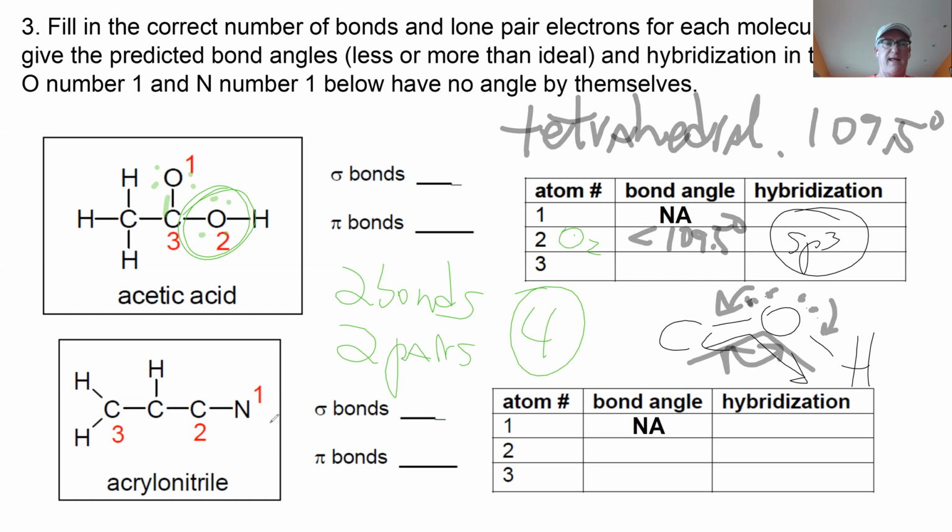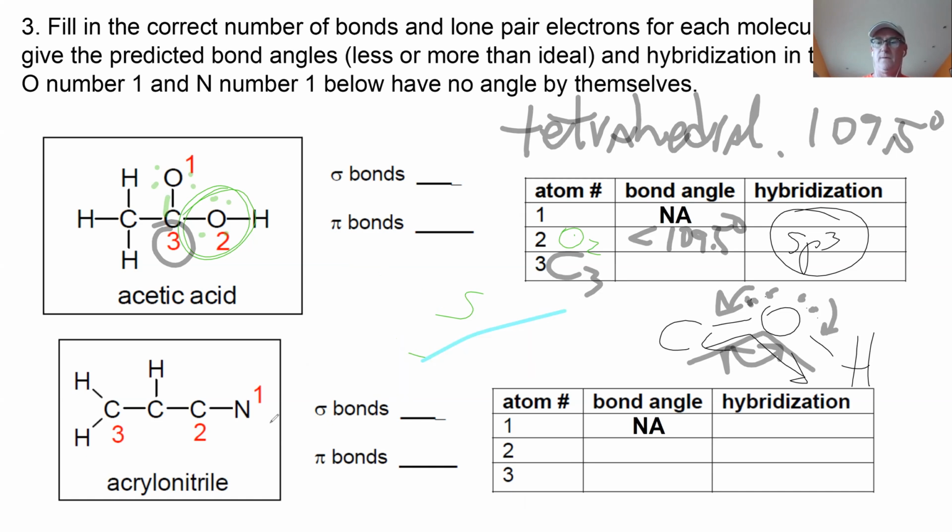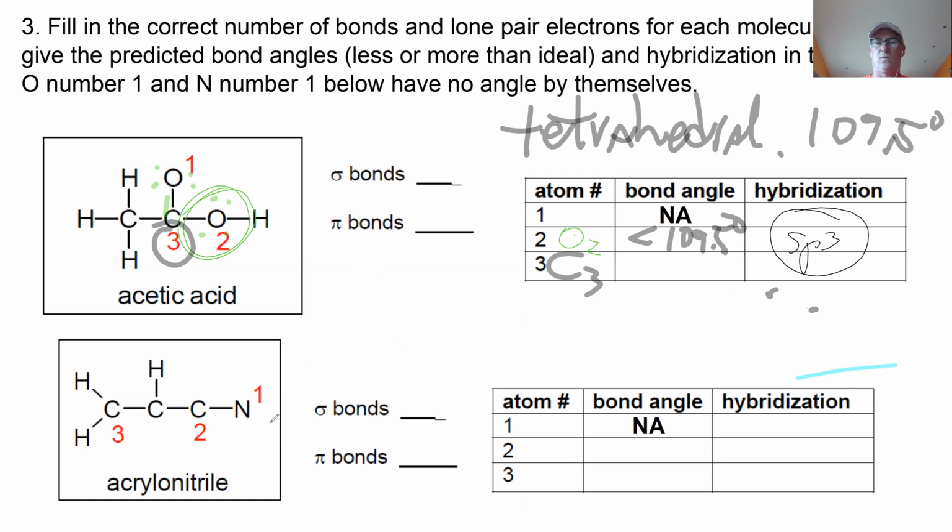And then for 3, that is the carbon. So carbon number 3. What is going to be the hybridization around carbon number 3? How many regions of electron density are around carbon 3? 3. 3, right.